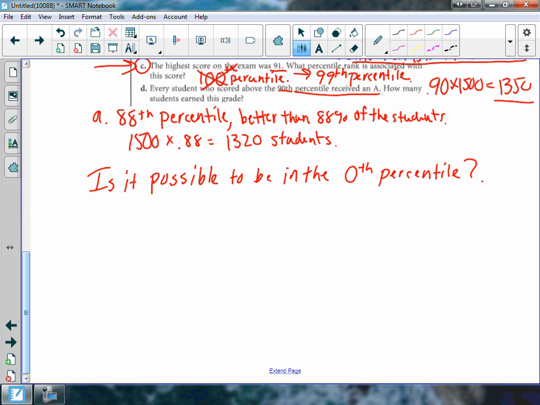And the answer is yes, because you could be the lowest score. Now, being in the 0th percentile doesn't mean you got a 0%. Maybe the lowest score on a test was an 85%, but you'd still, unfortunately, be in the 0th percentile because you did not do better than anyone.